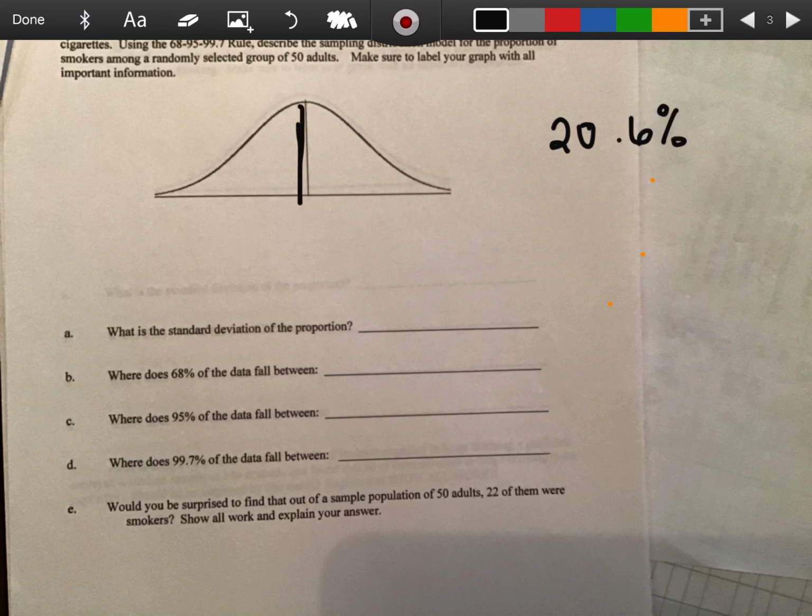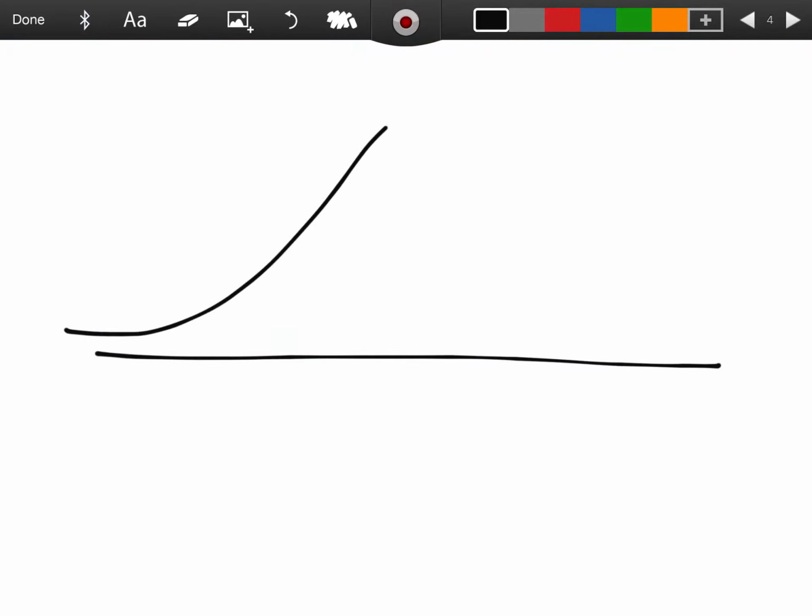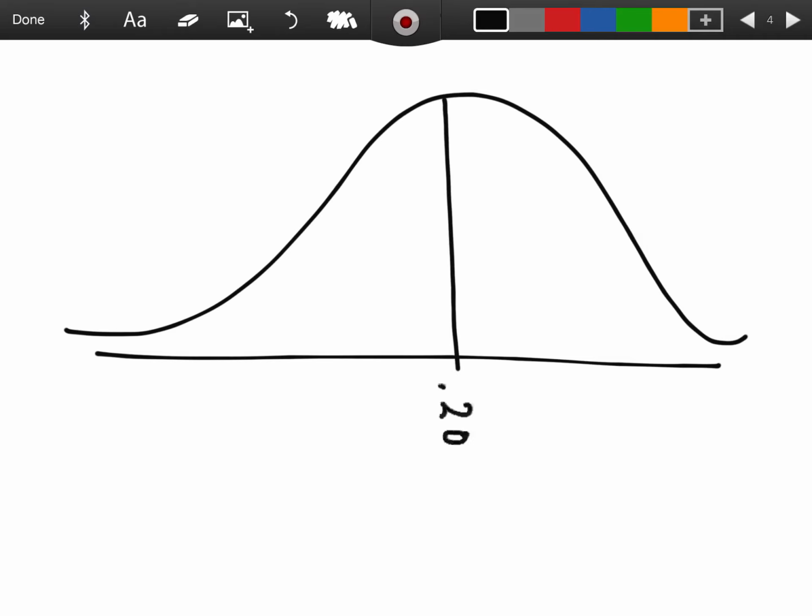So that is my mean that I'm expecting. So I'm going to go back over here. And again, I'm not very good at drawing the curve with these small numbers. So what I'm expecting in any number set is that 20.6% of my people are going to smoke cigarettes.